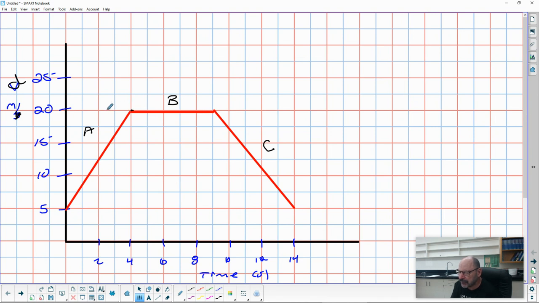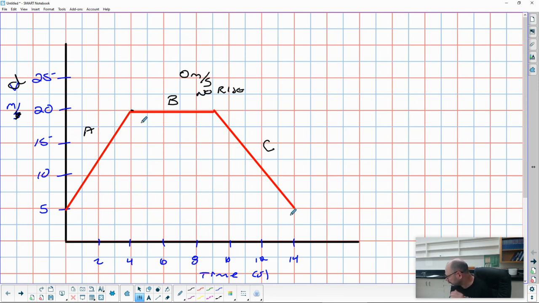So first thing we can tell with B is this is 0 meters per second because it's flat. There's no rise. So you don't even have to calculate that one. You can just look at it as well. For your average velocity, you can see you started at 5 and you finished at 5. So you basically went all the way up to 20 and then all the way back to 5.